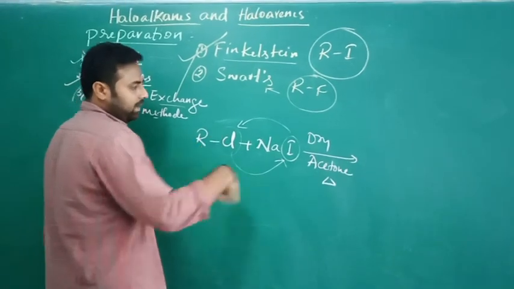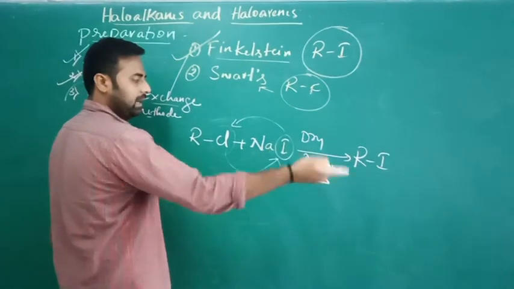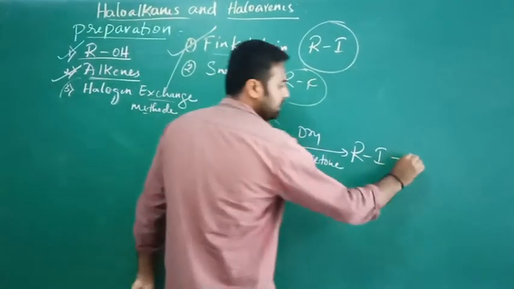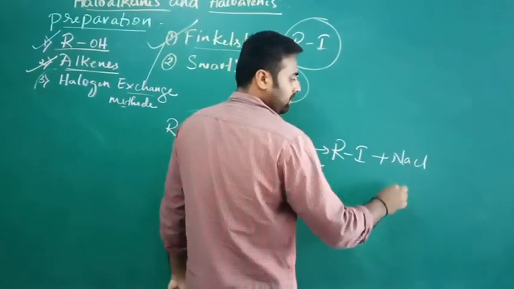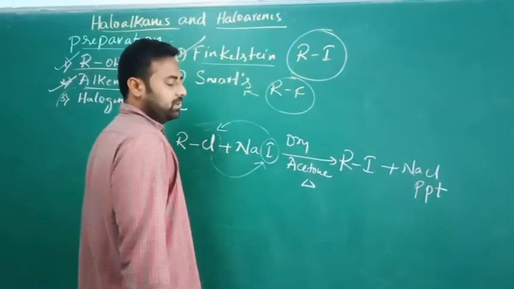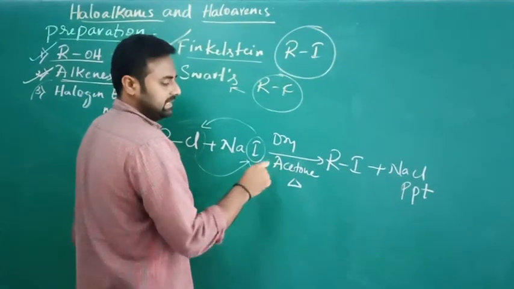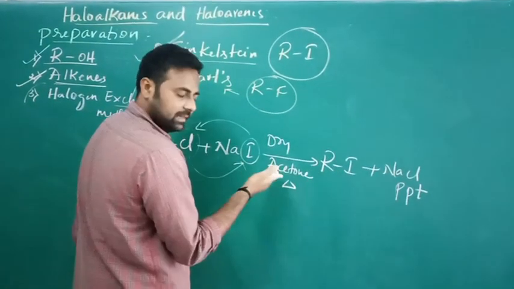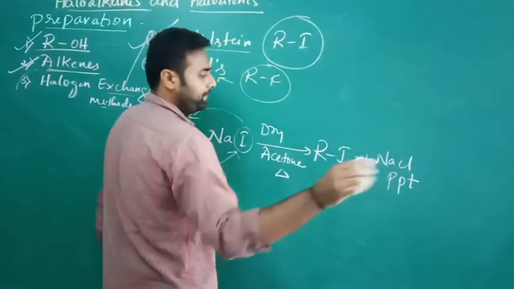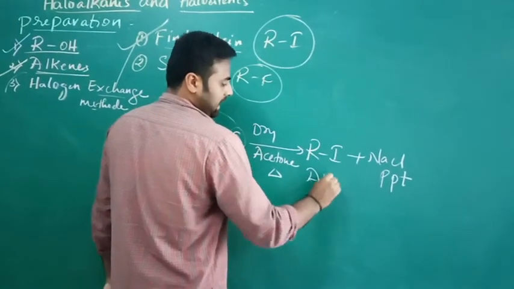Means alkyl chloride is converted into alkyl iodide, and sodium iodide is converted into sodium chloride, NaCl. This NaCl is produced as a byproduct in the form of a precipitate. This sodium chloride will not dissolve in acetone. It is insoluble in acetone and is produced as a precipitate, and it is separated by filtration. And this is the main product we want, the alkyl iodide.